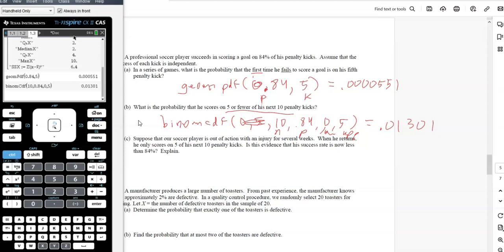So 5 or more extreme than that. We just answered that with B, right? So that chance was a 1.3% chance. It's pretty unlikely, 1.3%. So do we have evidence? Yes, we have evidence, because there's a 1.3% chance of that or more extreme than that happening. It does seem like he's a little rusty from the layoff, right? So I think that's true.